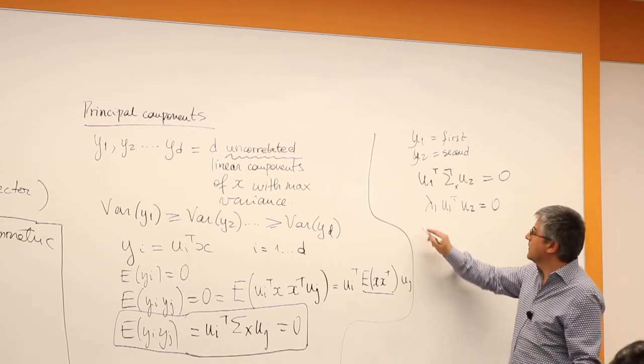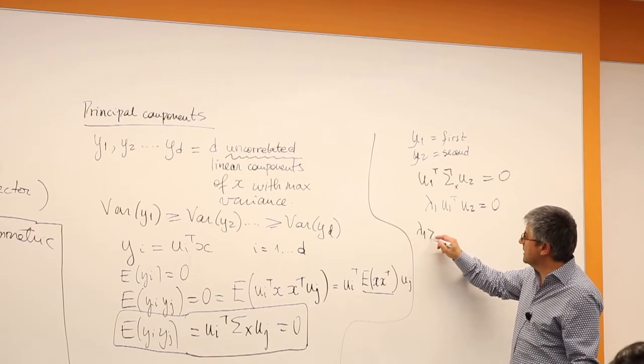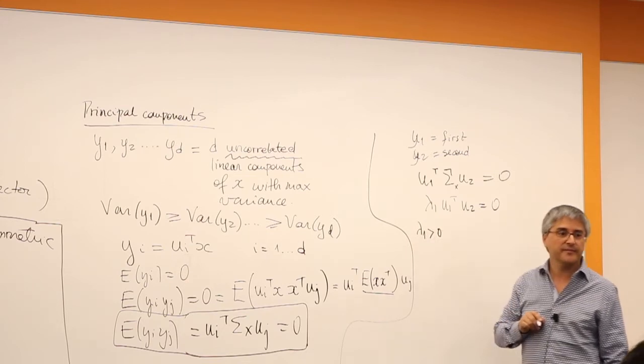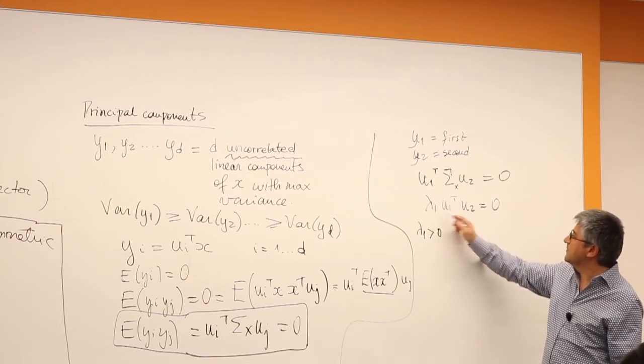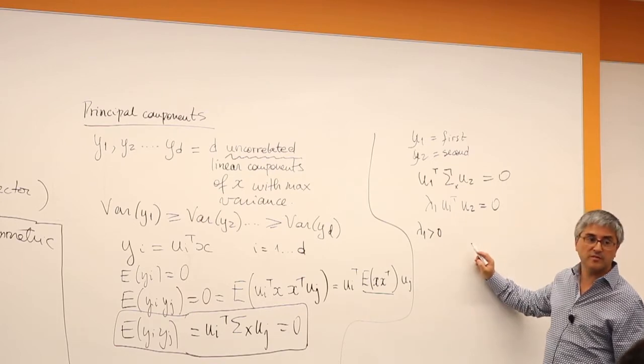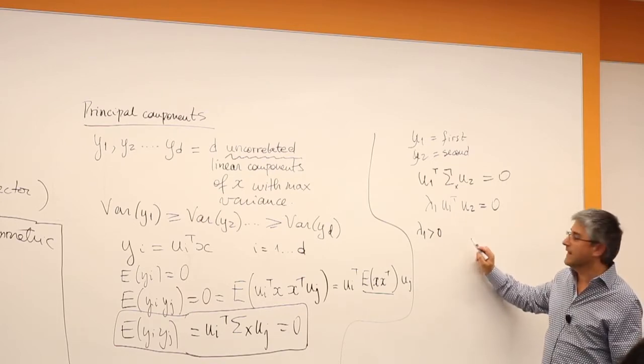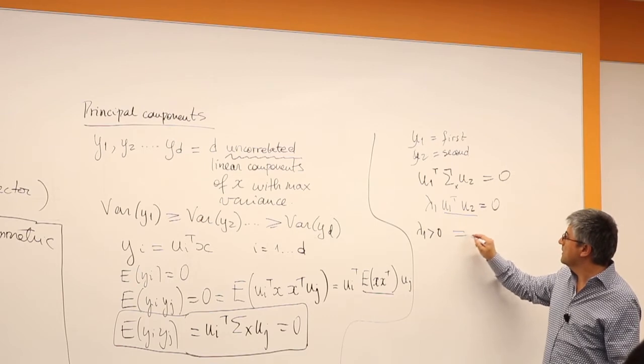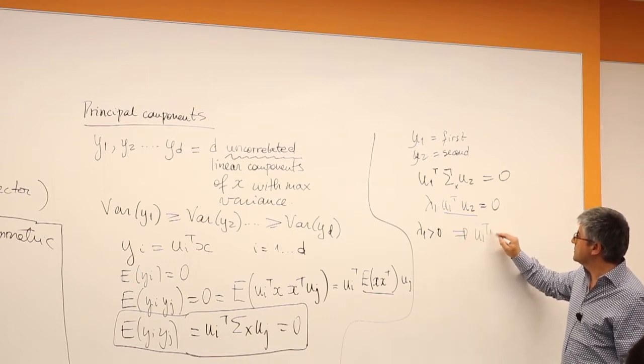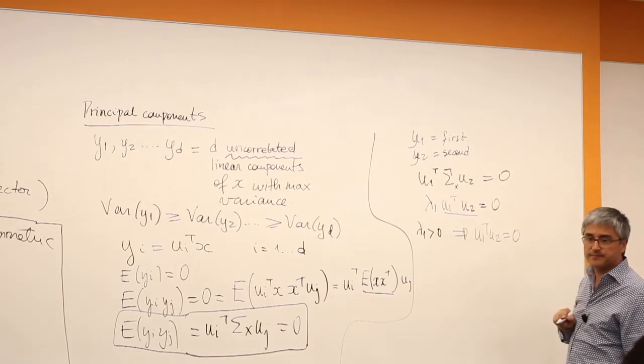So I'm going to assume that lambda 1 is strictly positive. If that's the case, and the product of these things is 0, what needs to be 0? That part, right? So, U1 transpose U2 is equal to 0.